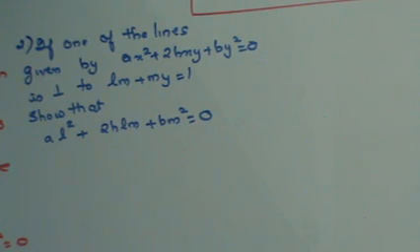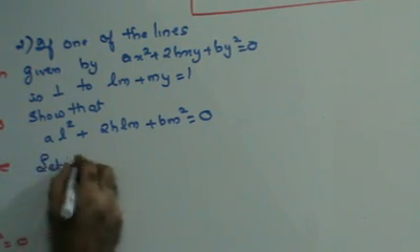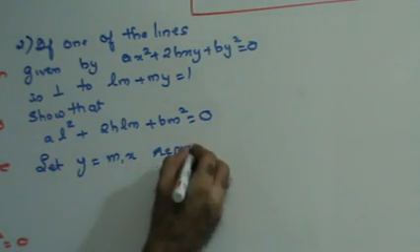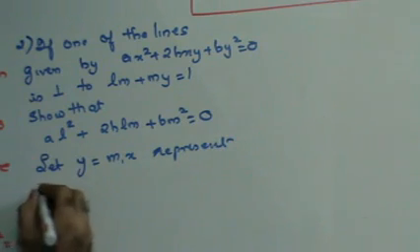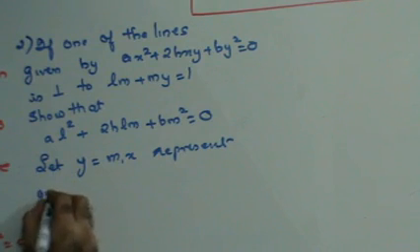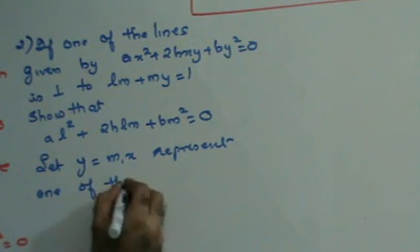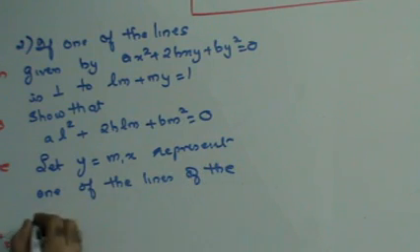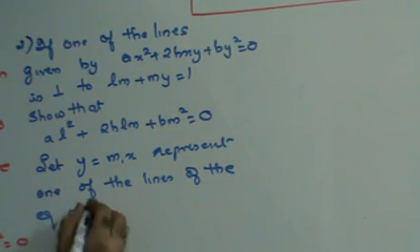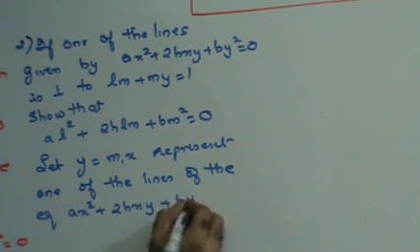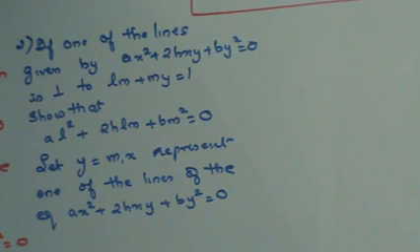Identical to the previous sum, you will say let y is equal to m1 x represent one of the lines of the equation ax square plus 2hxy plus by square is 0, right?